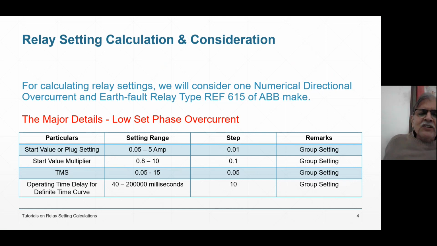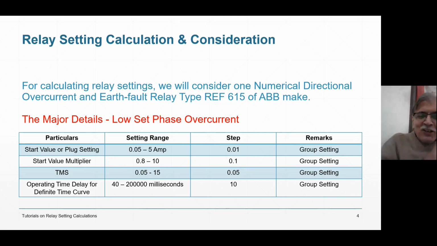Similarly, starting current is 6 times. You cannot set the instantaneous unit below 6 times. Say if 100 ampere is the rated current of the motor, then 600 ampere will be the current. So below 600, say 100 by 1 is the CT, then below 6 ampere you could not set the instantaneous in earlier relays.